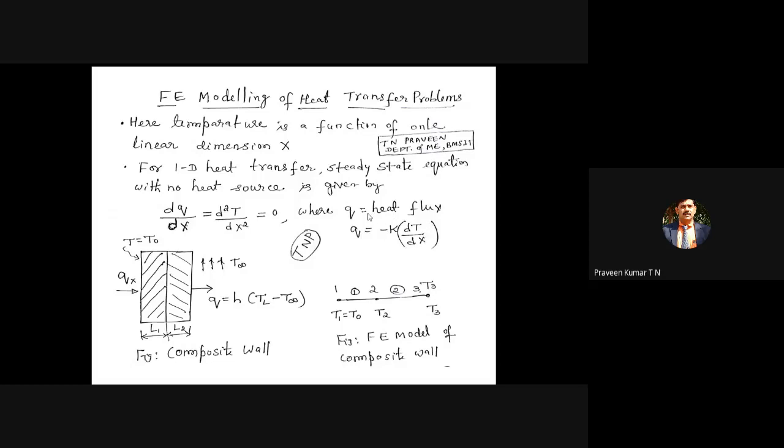Heat flux has units of watt per meter square. One is total heat transfer, capital letter Q, and the unit of capital Q is watt. When you talk about heat flux, it is like force and stress. The force is in Newton, and force per unit area is the stress, in Newton per mm square.